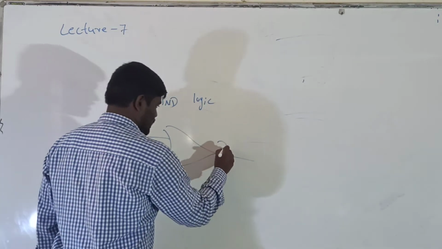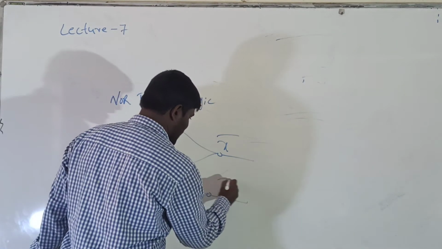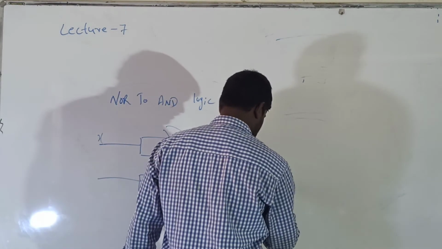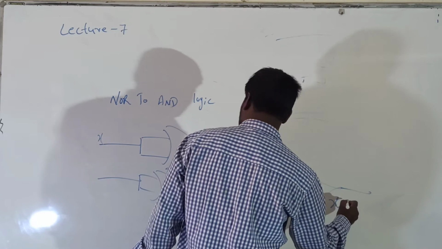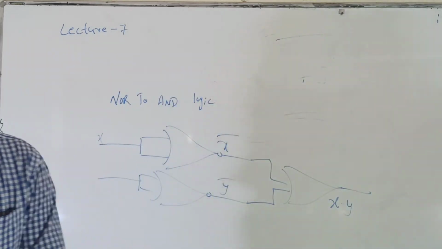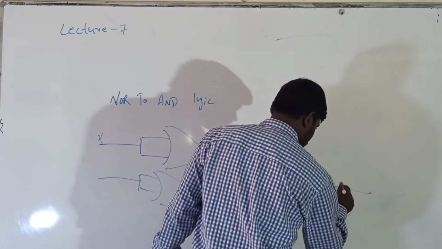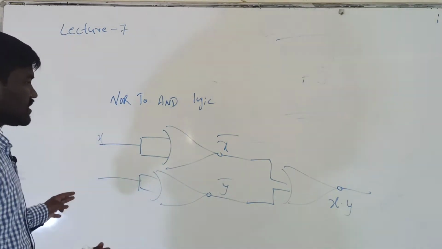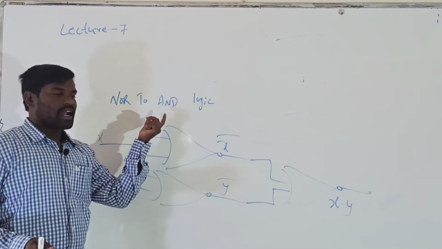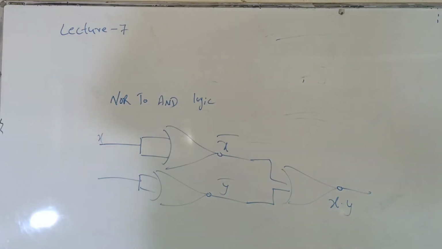Here x, x bar, y bar, finally x into y. So this is the circuit diagram for AND logic with respect to the NOR. Okay, so these two are very very important.